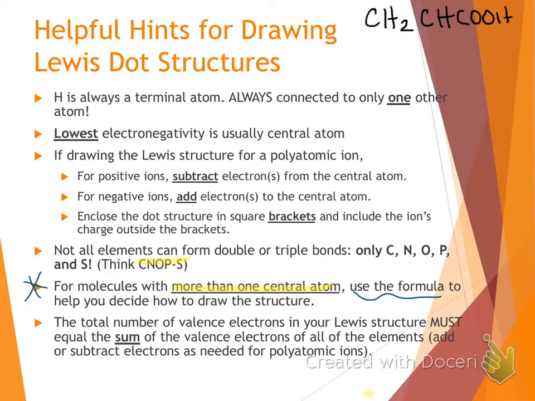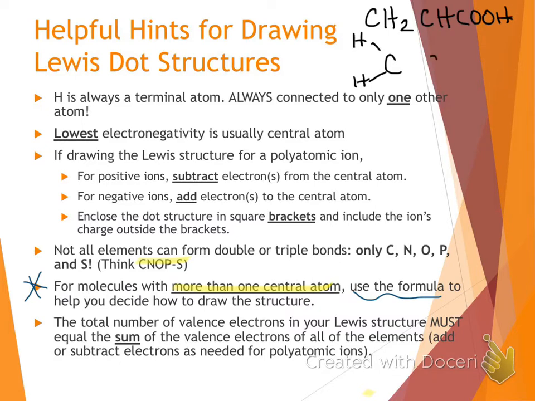So at the top here we have a little example of this more than one central atom case. Well, we know all of these hydrogens have to be terminal, so we can kind of break it down from there. Each carbon then has what is attached to that carbon. So this first carbon has 2 hydrogens attached to it.